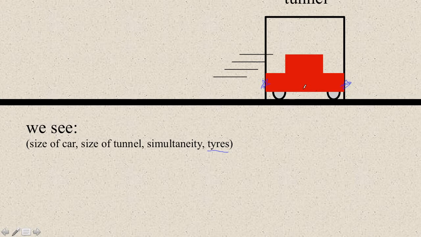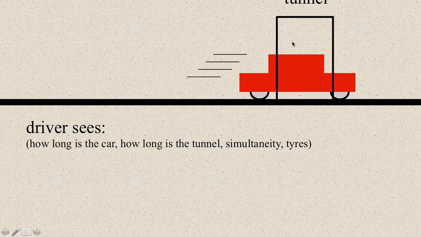The driver, of course, sees the tunnel. They don't actually see themselves moving. They see the tunnel actually is moving toward them. The tunnel is moving this way at 0.70 the speed of light. The tires are round to the driver, and the car is 14 feet long to the driver. The tunnel is shorter. The tunnel is actually 10 times 10 over 14.